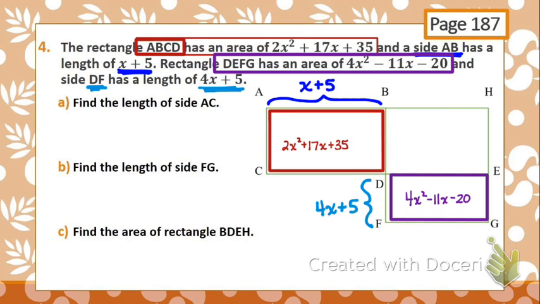What do they want me to find first? AC. Beautiful. So if I have the area, I know area equals length times width. So 2x squared plus 17x plus 35 is equal to what?